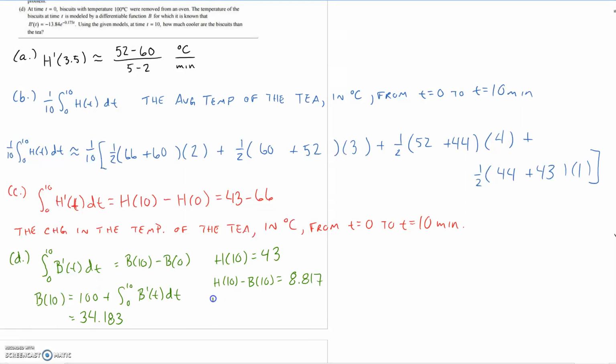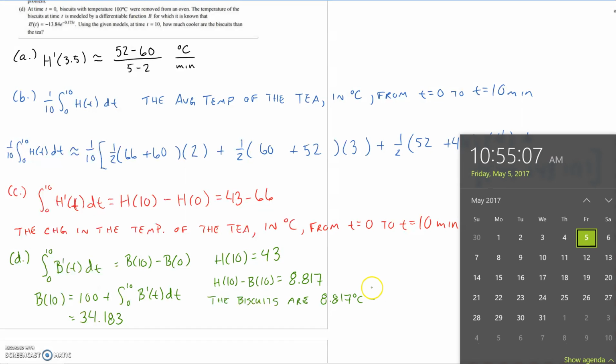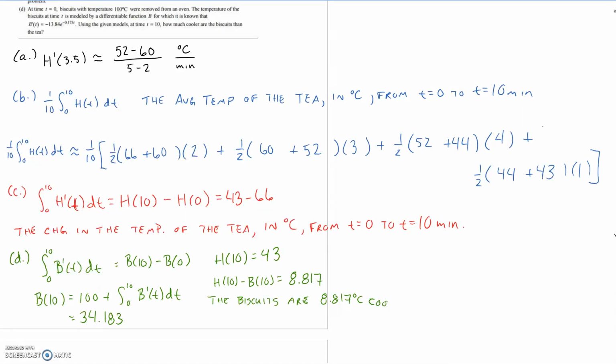So then what we'd say is the biscuits are 8.817 degrees Celsius cooler than the tea.